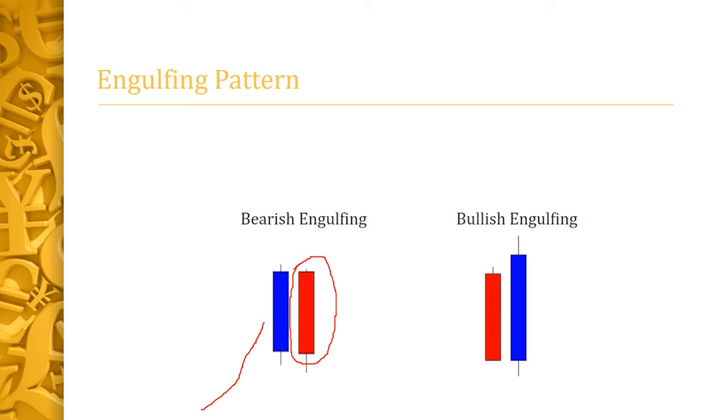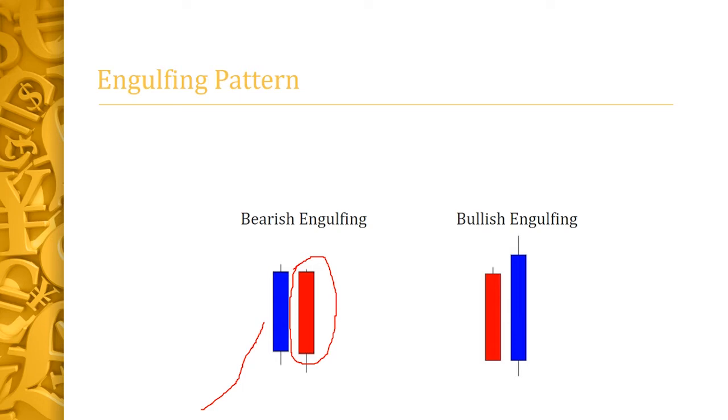So this pattern needs two candles, and for the bearish engulfing candle we need a clear uptrend, and then at a good resistance level we have to get a bearish candle that engulfs the whole body of the previous candle.